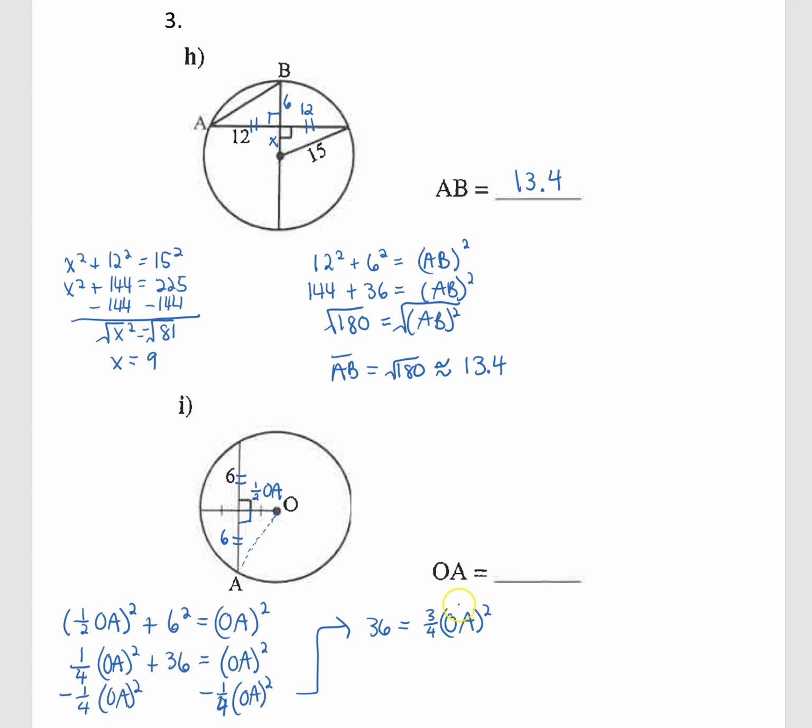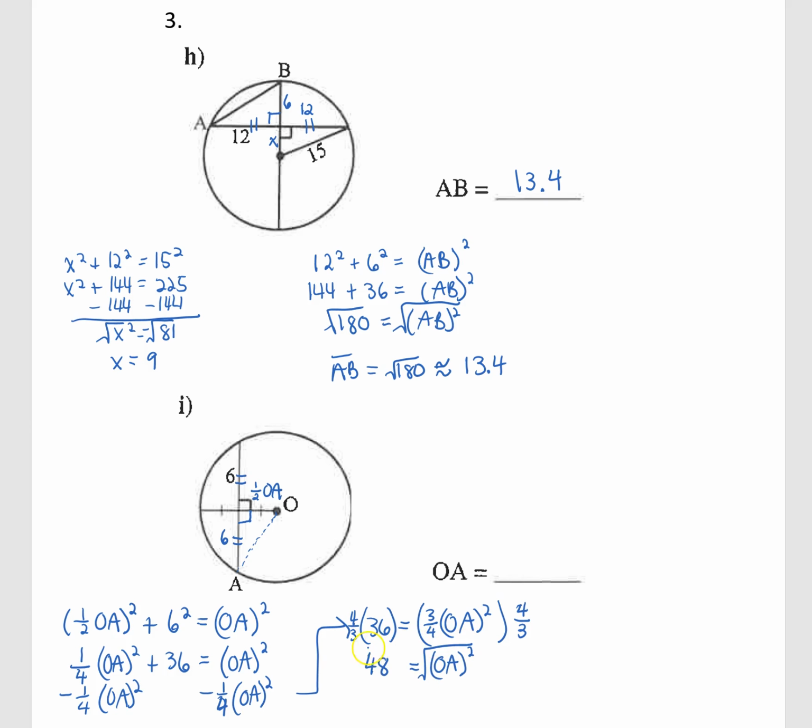To get rid of this fraction, I'm going to multiply both sides of my equation by the reciprocal, 4/3. On this side, those cancel out, and I'm left with just OA squared. On this side, 36 times 4 divided by 3 ends up being 48.